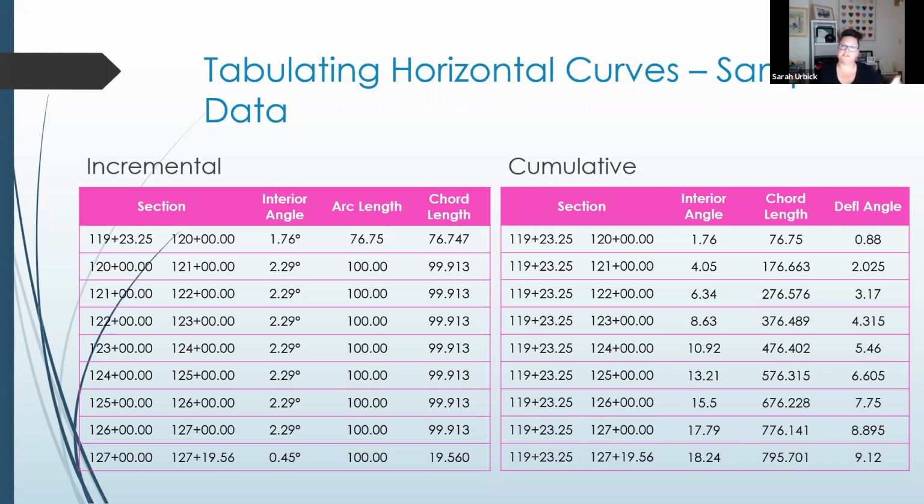And that's what my interior angle is going to be, and what my chord length is going to be measured. So when I go out and I'm trying to lay out this curve, I've got my angle, I've got my distance. Point me in the right direction and tell me how far to go. That's what the cumulative will do for you.